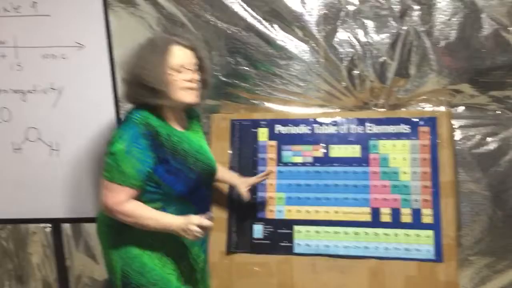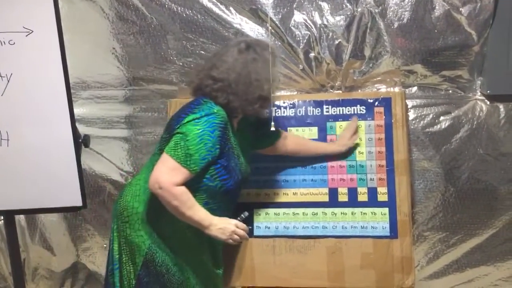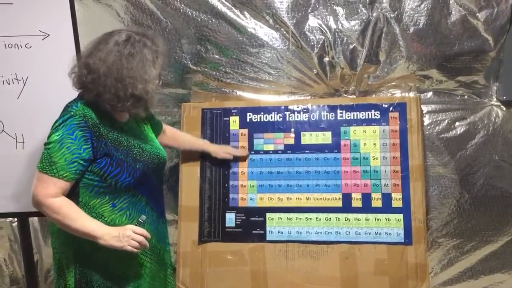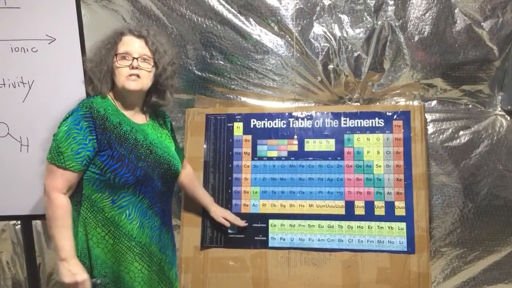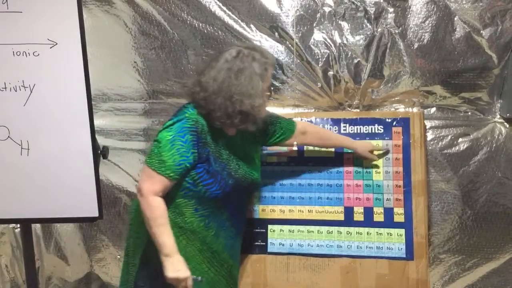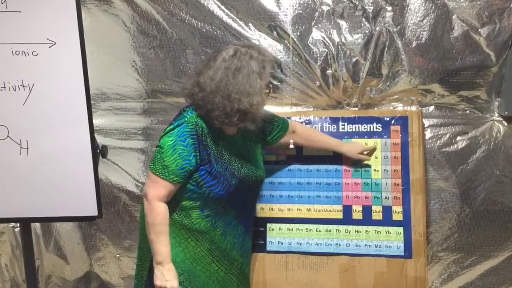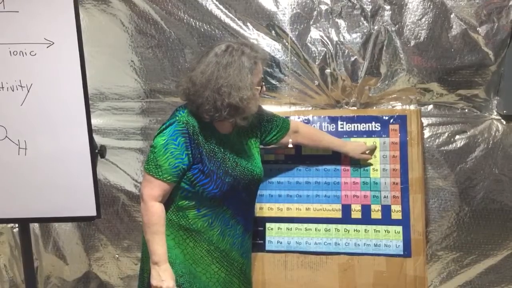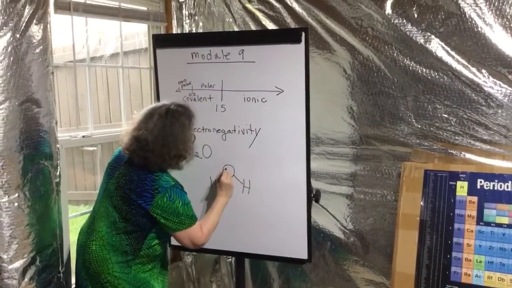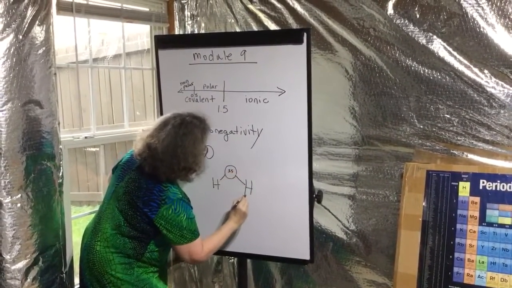Remember we said electronegativity is increasing as we go from left to right. It is decreasing as we go down the column, down the group. Fluorine is 4.0. The second most electronegative is oxygen, it's 3.5. Hydrogen is 2.1. So 3.5 and 2.1.